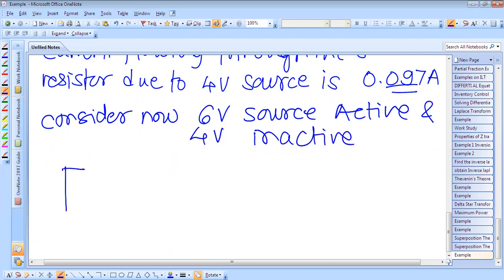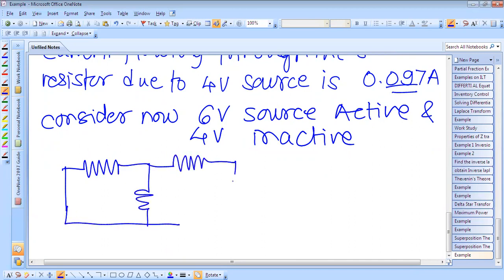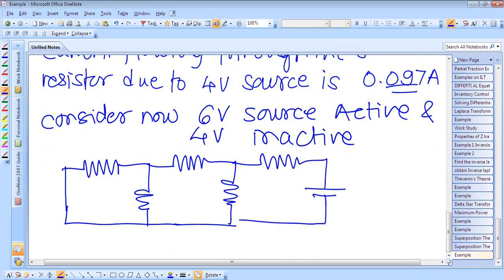So the circuit will become like this. So this 6 volt is now active. This is the 8 ohm resistor, this is a 12 ohm, this is 10, this is 5, and this is 15.